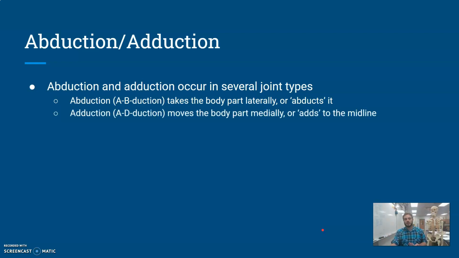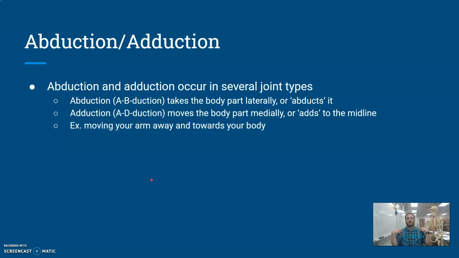Adduction is going to be the opposite. The body part is going to move medially towards the midline, and so I like to think of it as you are adding that body part to the midline. Again, just like flexion and extension, it doesn't necessarily have to be from anatomical position to as far away as you can, or vice versa, but those are just the directions it goes.